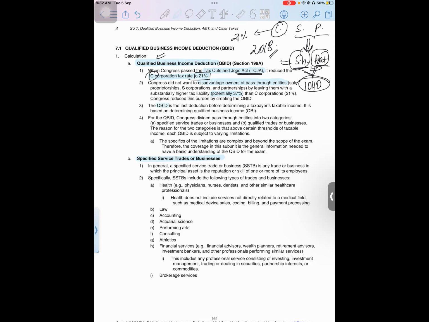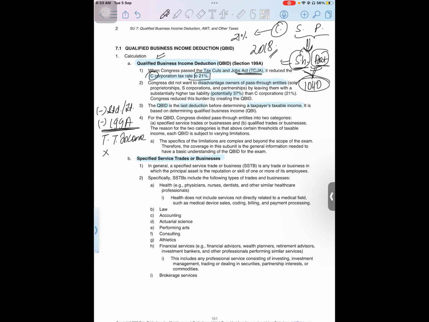So QBID is the last deduction before determining the taxpayer's taxable income. It means the last deduction is our standard deduction or itemized deduction, and just after that, you will get a 199A deduction. After calculating all taxable income deductions, the last deduction is this, and this is your final total taxable income.